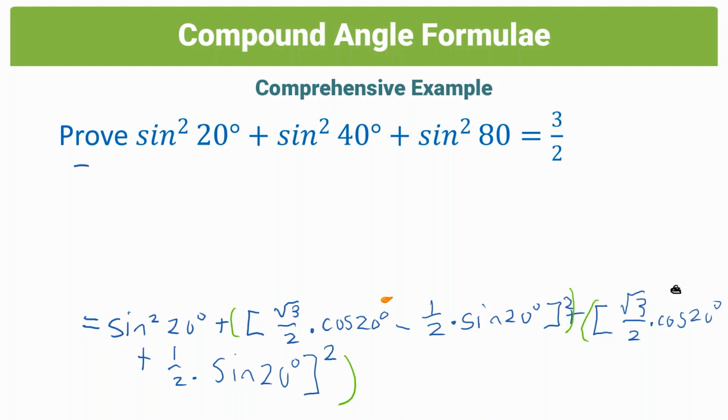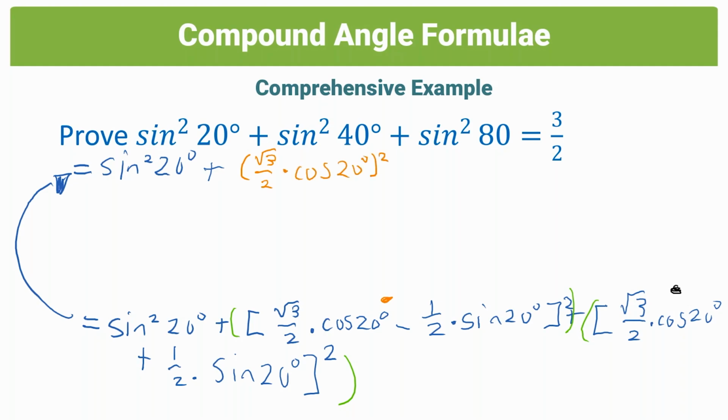So let's start with our sine squared 20 up here, just going back up for space. And now we're going to plus, right? And now we square each term. Root 3 over 2 times cos 20 degrees all squared. And that's going to be minus 2 times root 3 over 2 times cos 20.